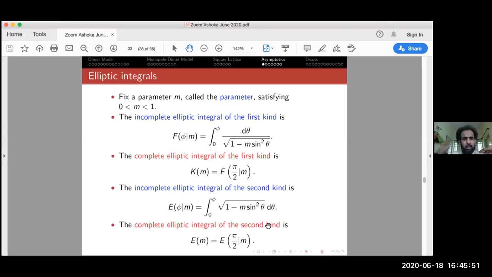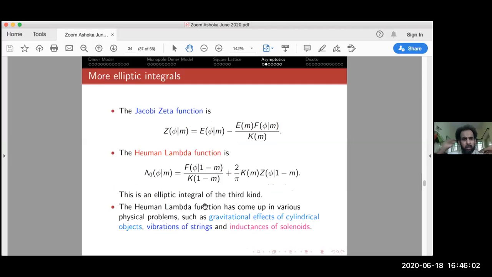Two more. And that's it. The Jacobi zeta function is some function involving the four functions I defined in the previous slide. And the Heumann lambda function is some even more complicated object involving these. It involves both 1 minus m, which is the complementary parameter, and m.